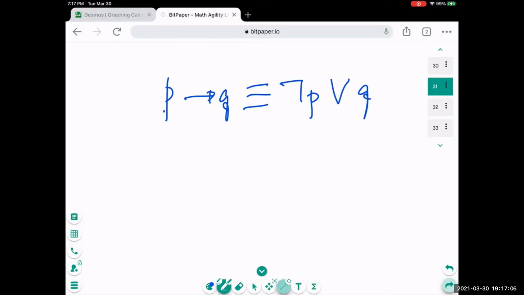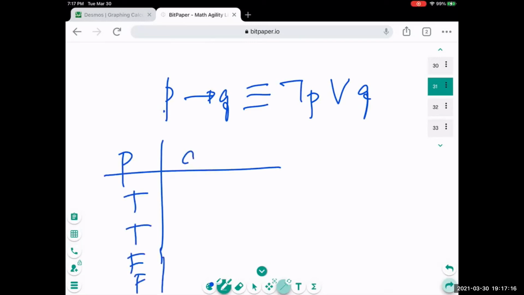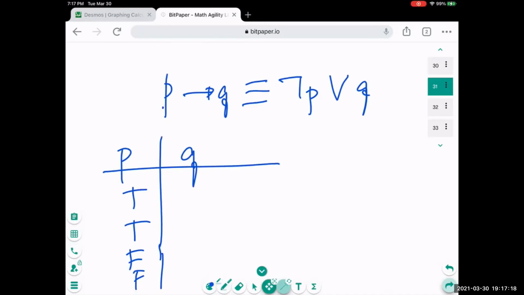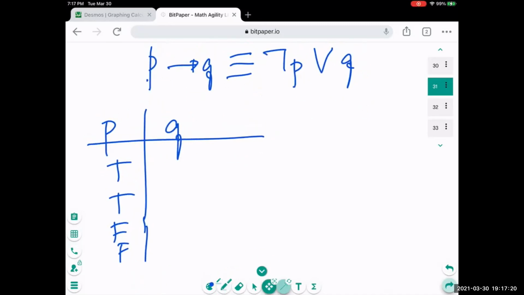So, gawa tayo ng table. P would be true, true, false, false, and then yung Q natin, of course, would be true, false, true, false.